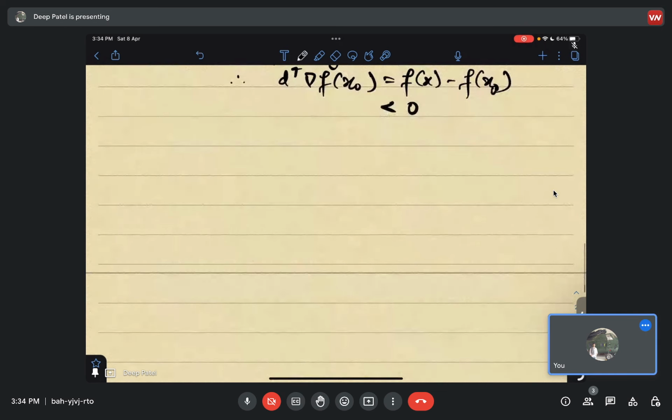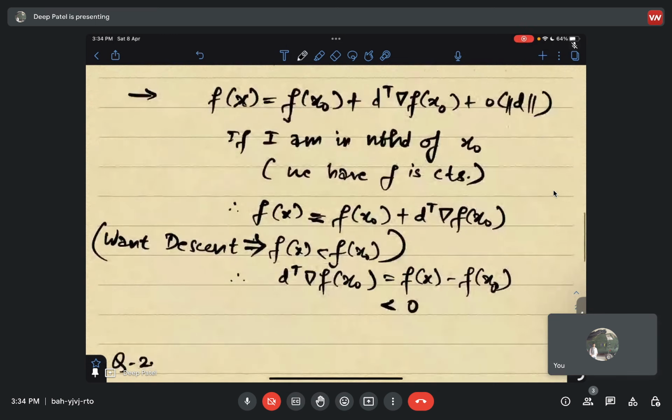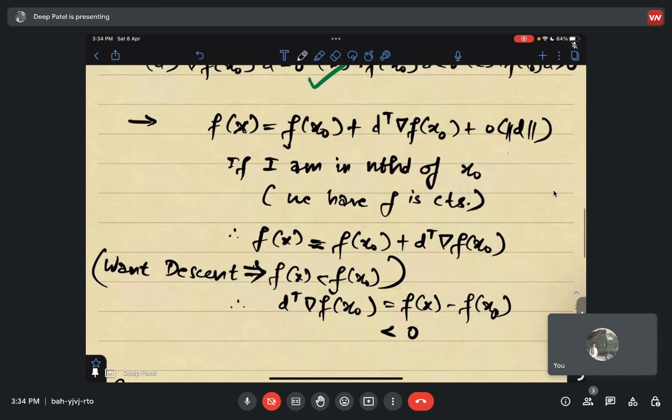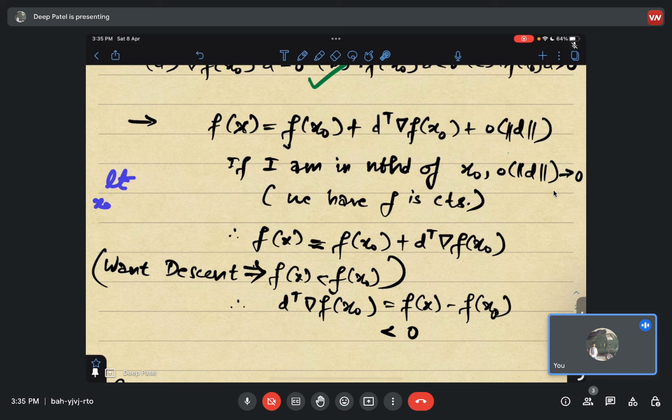Can you go up one line, please? When you have neglected the smaller term, it should be in the limit, right, as d tends to 0. So that's why you are using the property of continuity. What I wanted to write is the limit as x tends to x naught of f of x equals f of x naught.